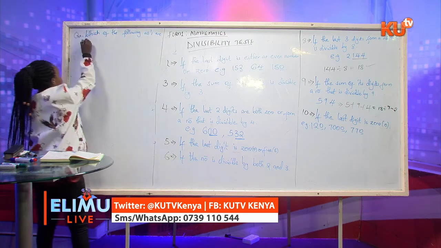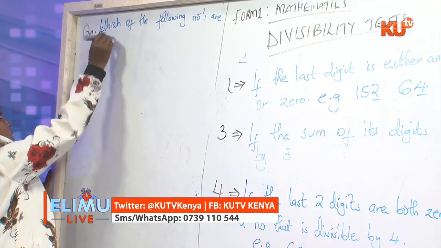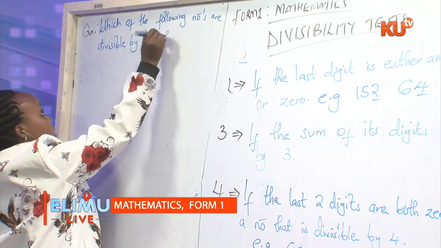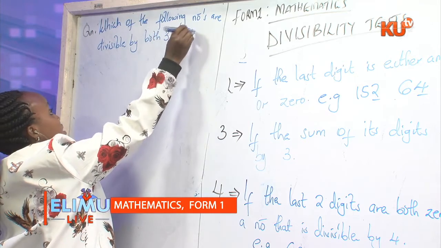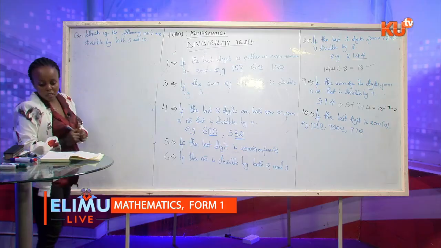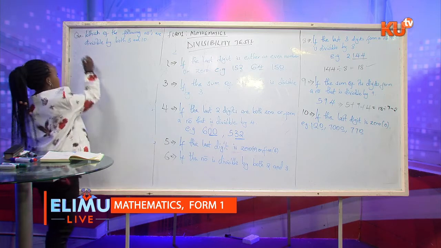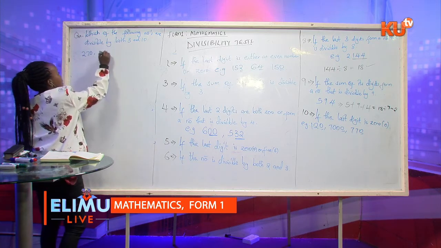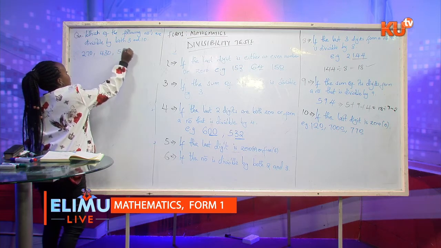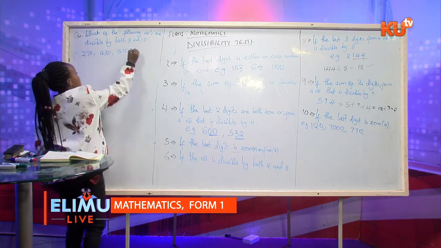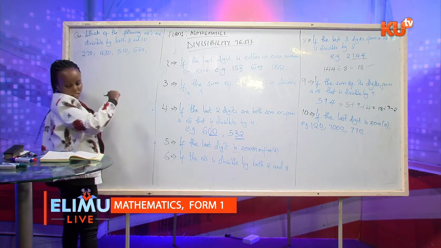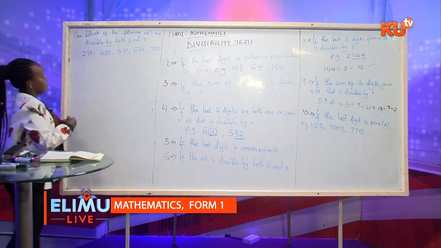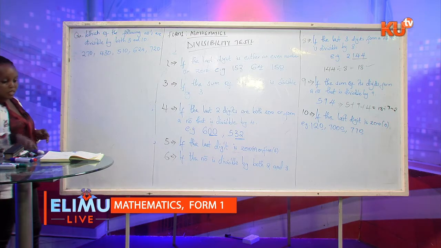Our numbers are 270, 430, 510, 624, and lastly 720.